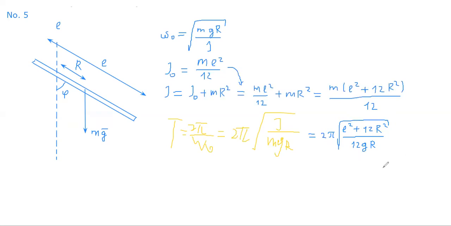Okay, we have just written the dependence of period on r in explicit form. So we can find its minimal value. How to find the minimal value of the period from this formula?